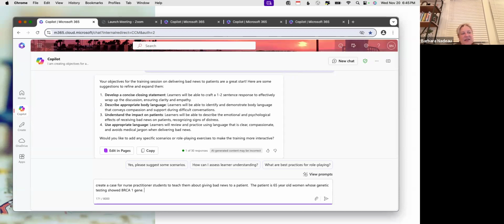Do we want to give any other complexity to the case? Like who she lives with or anything else? You can add that she has like 2 daughters who may be affected by the test results. That's great. Not that the daughters are going to be affected, but by the fact that we're including this detail.